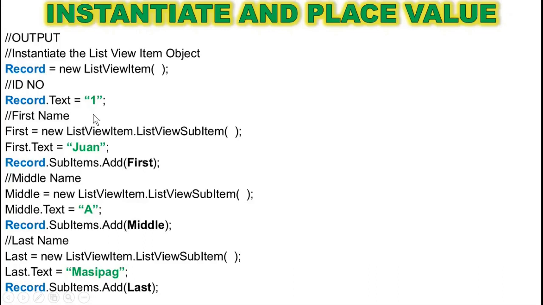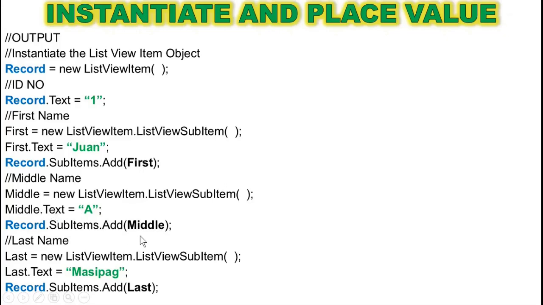Next, I instantiated the object named first and placed the first name 1. I added the object first as a sub-item to the object record. Next, I instantiated the object named middle and placed the middle name value capital A.